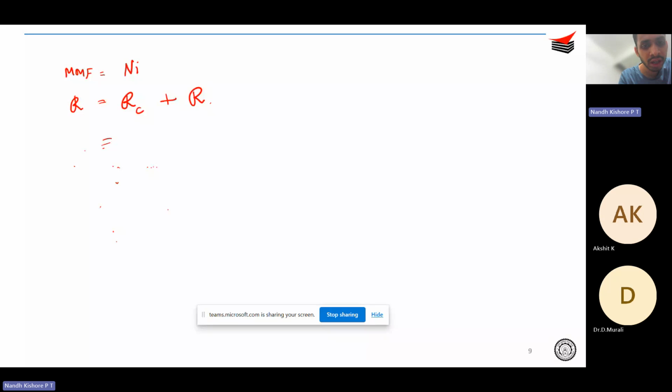So you know that RC is basically Lm divided by mu naught mu R AC, plus Rg is basically Lg, that is the length of the air gap, divided by mu naught into AC. Mu R is 1 for air. So this is your total reluctance.